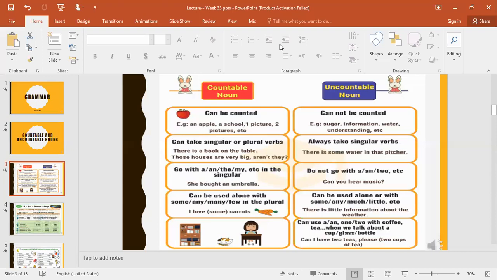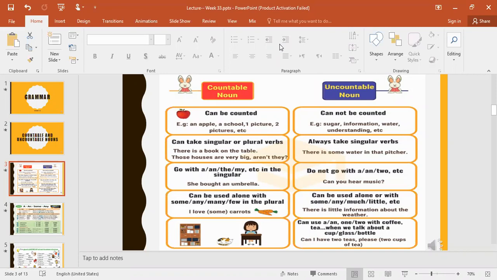We talked about a, an, the, and my, which are used with countable nouns in the singular, and do not go with the uncountable nouns. We talked about some quantifiers such as some, any, many, and few, which are used in the plural form of the countable noun. And we talked about some, any, much, and little, which are used with uncountable nouns.